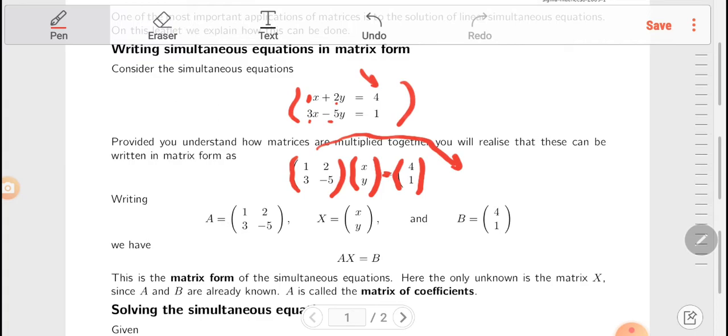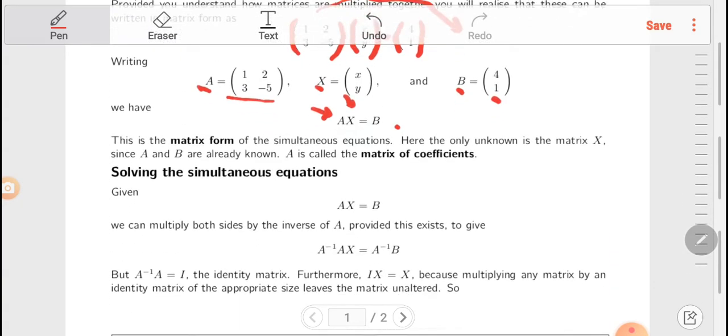Don't forget we wrote one matrix called A for the coefficients, one matrix called capital X for the variables x and y, and one matrix called B, which contains the free terms. We write it in the form A times X equals B. Now our goal is to determine the value of X, which contains the two variables x and y we want.